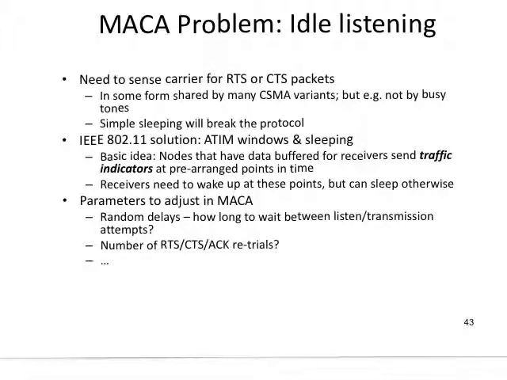The contention parameters that we have are the random delay, or the random back-off time, the contention window, or the persistent factor, which we didn't talk about, and the number of retries.